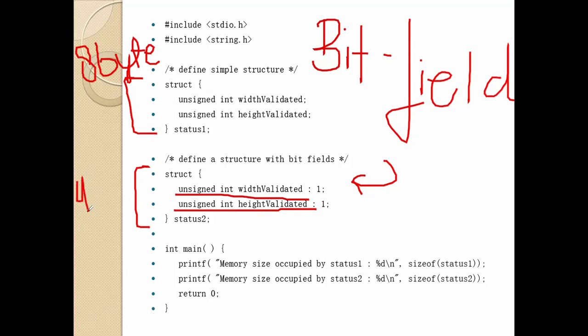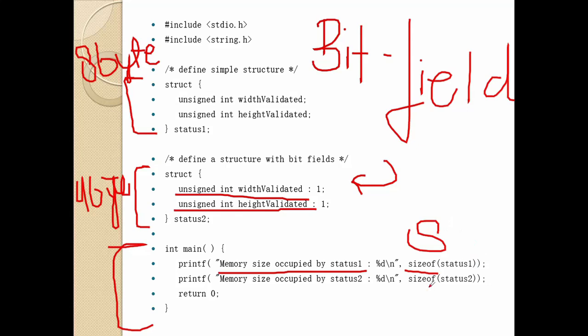In this case it's going to take 4 bytes. In the main function we have printed the memory size occupied by status 1, using the sizeof function on status 1, and that is going to be 8. And for the memory size occupied by status 2, we have put the sizeof status 2, and that is going to be 4 in this case.